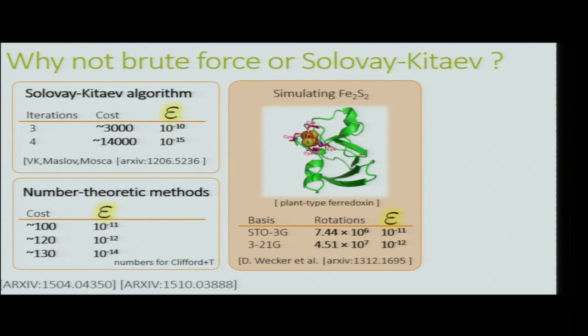And here's a comparison. What is the difference between Clifford plus T and Solovay-Kitaev? If you want to get to 10 to the minus 10, our cost will be about 3,000. And if you want to run something at 10 to the minus 10 using this number theoretic approach, then we get a cost of around 100. So we get about a 30 times difference.